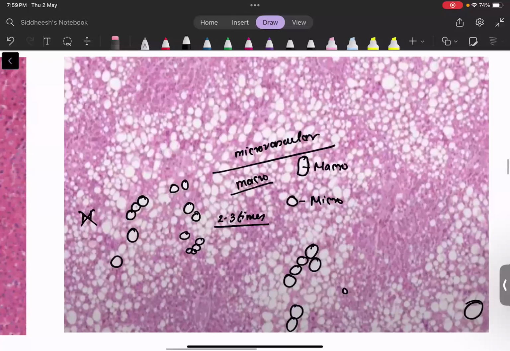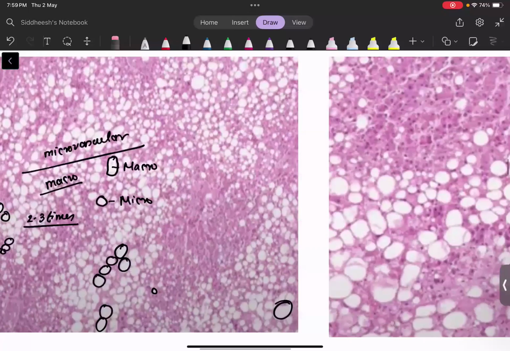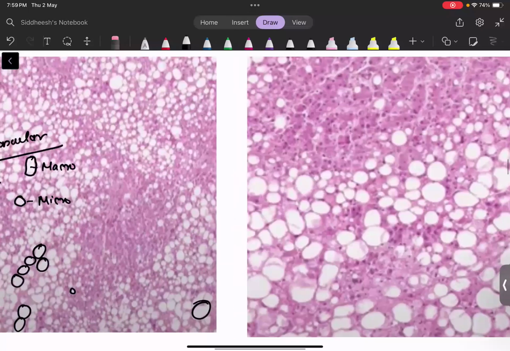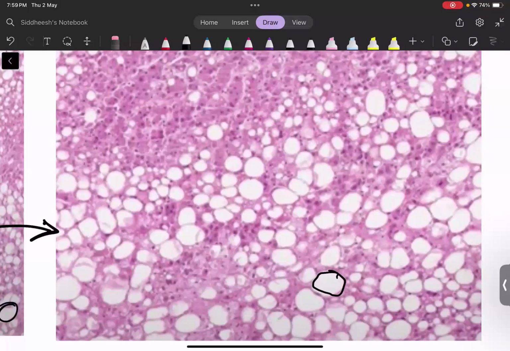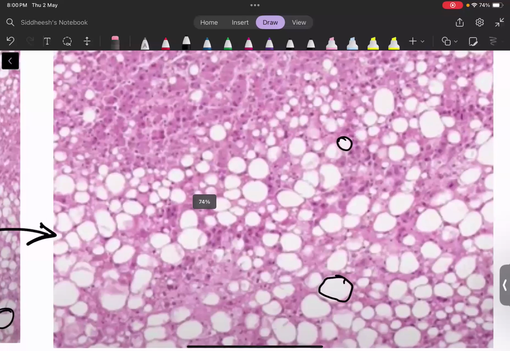Now, let me zoom in on this image only for you all. Now, here we are having a more clear image, right? This is what? Anyone? Micro or macro? Macro, perfectly fine. This is what? Perfect, micro. Now, one more question.